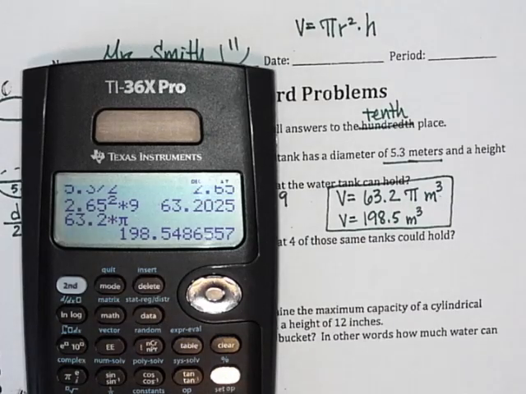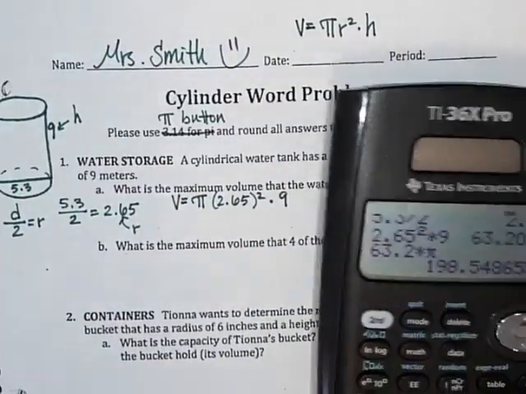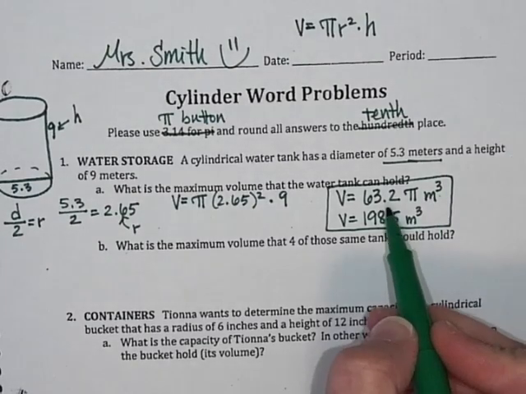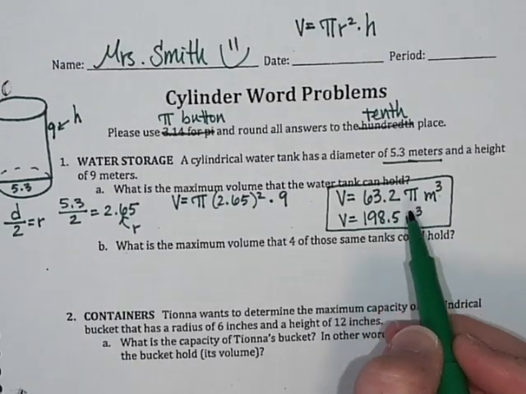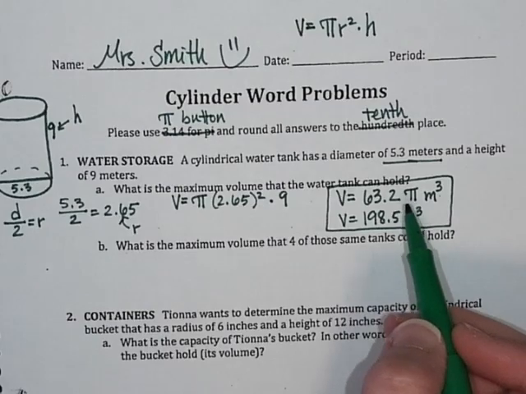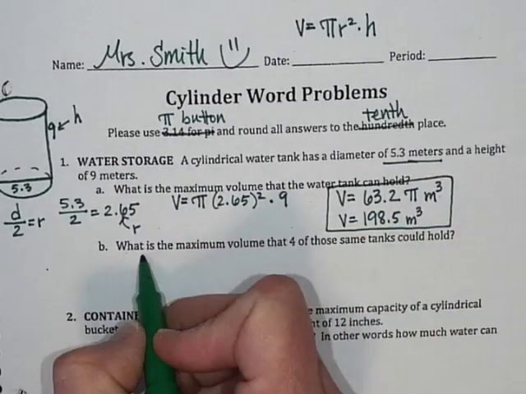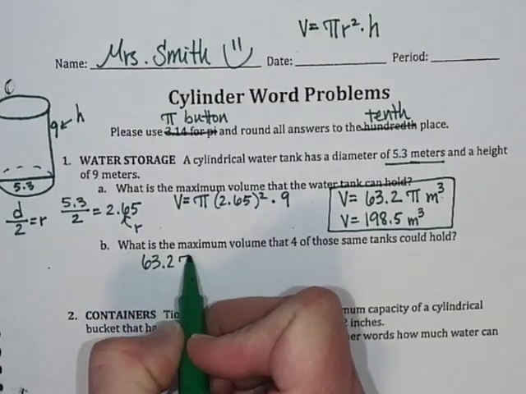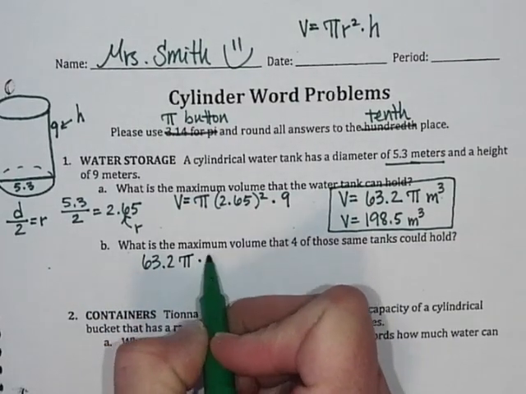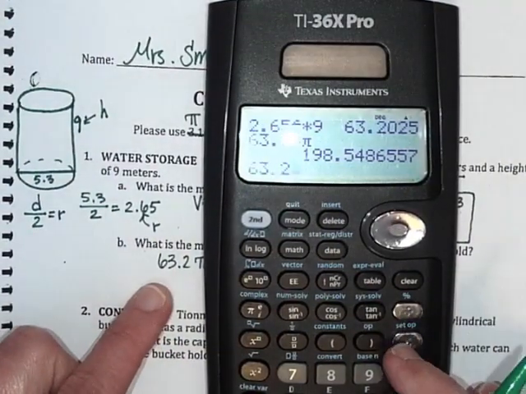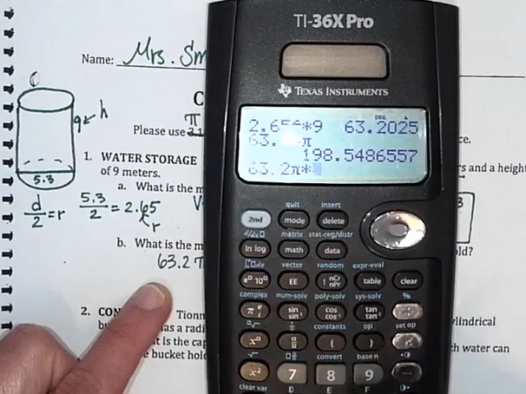And now, going on to part B of question 1. It says, what is the maximum volume that 4 of those same tanks could hold? So if this is the volume that one of the tanks can hold, we will need to multiply that by 4 to figure out how much 4 tanks can hold. So let's do 63.2 pi times 4.